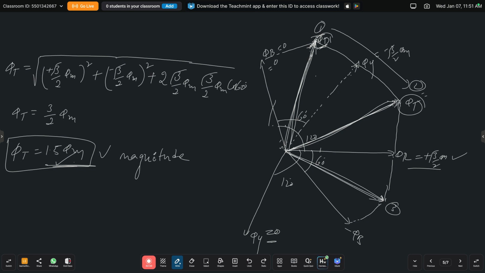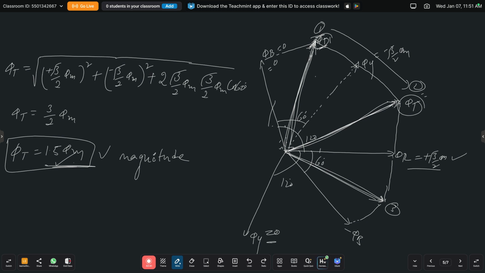In the first case the flux is in position 1, in the second case the flux is in position 2, and in the third case the flux again moves from position 2 to position 3.